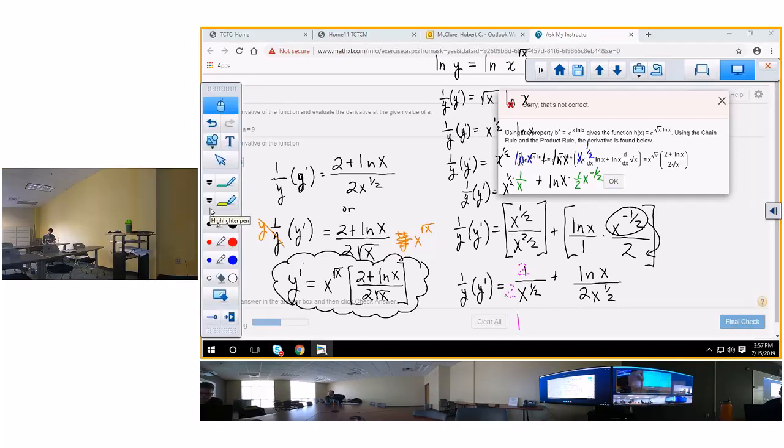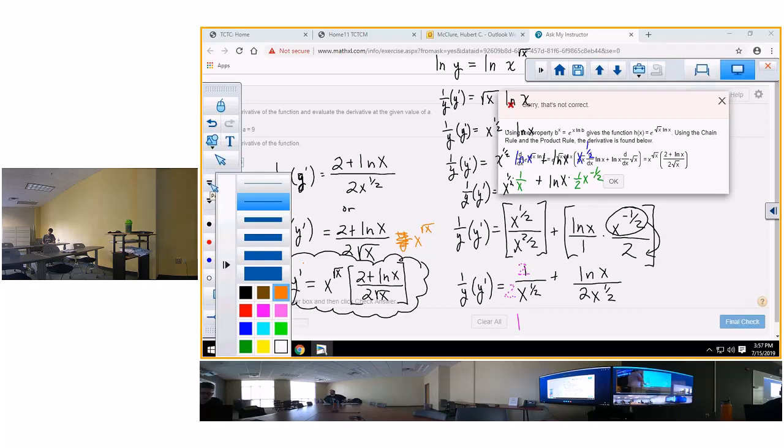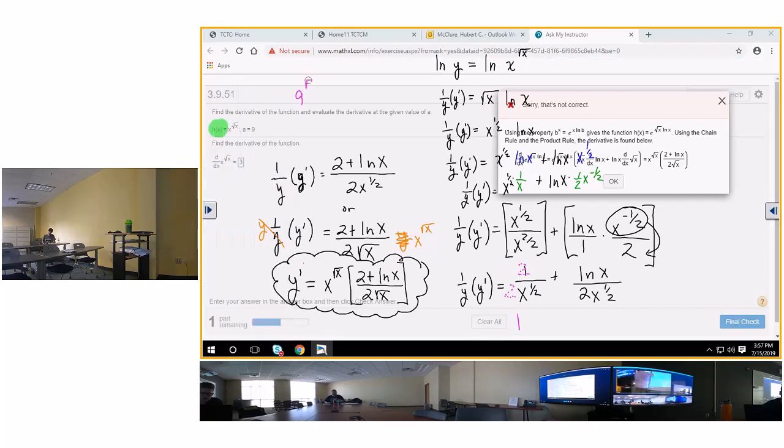Take my handy dandy magenta, and that's going to be 9 square root of 9 brackets 2 plus the natural log of 9 over 2 square root of 9. 9 to the third power, 2 plus natural log of 9 over 2 times 3 is what?